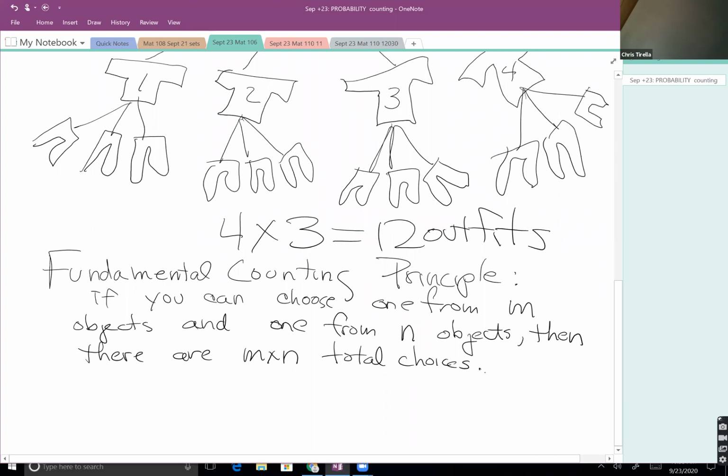Or if one event can occur M ways and another event can occur N ways, there's M times N possible outcomes.